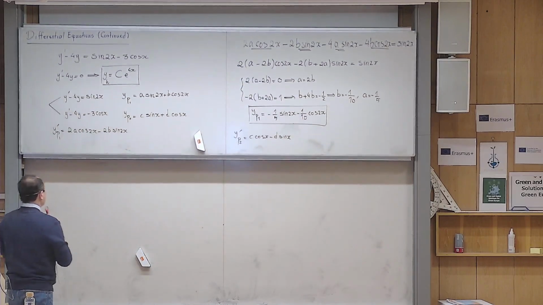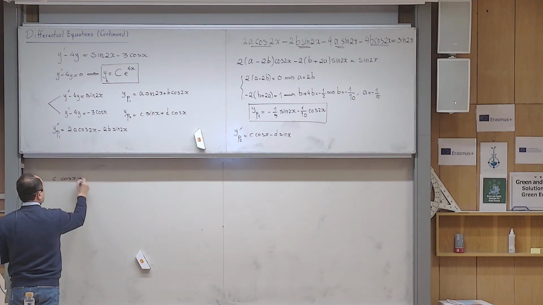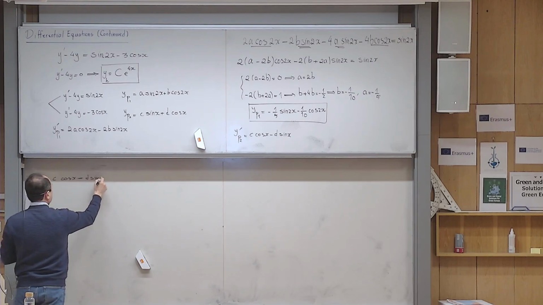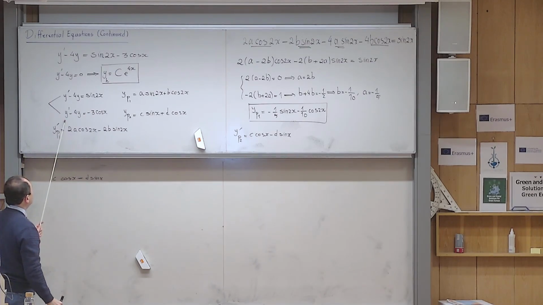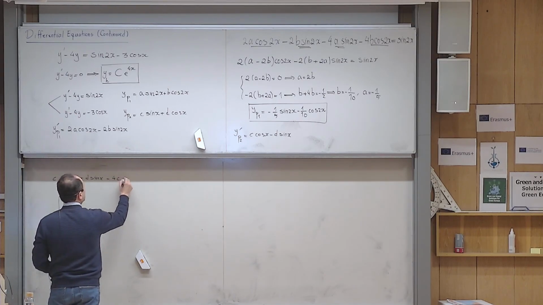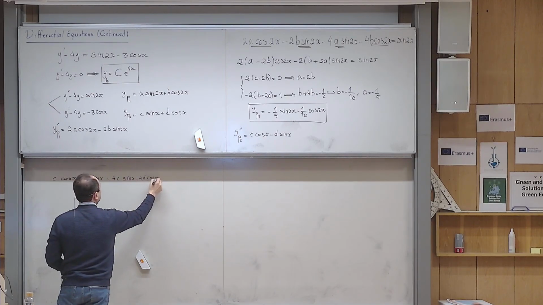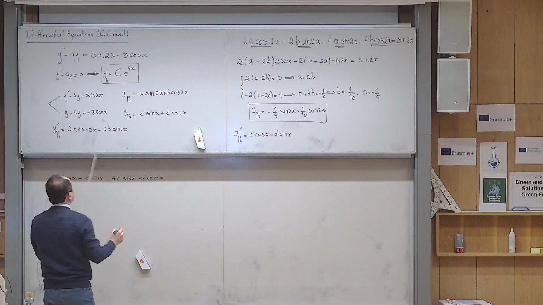Y prime becomes c cosine x plus, not minus, d sine x. This is for y prime here. Minus 4 times y, so I multiply minus 4 here and there. So it becomes minus 4c sine x minus 4d cosine x. It's supposed to be equal to minus 3 cosine x.